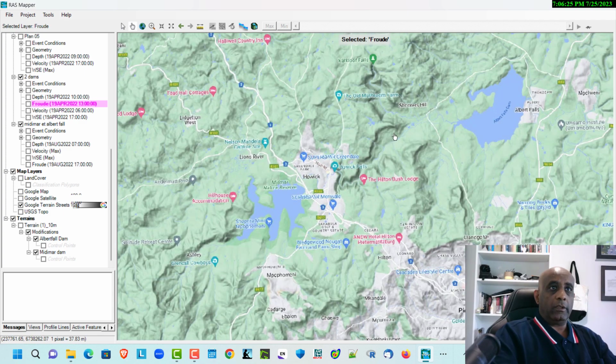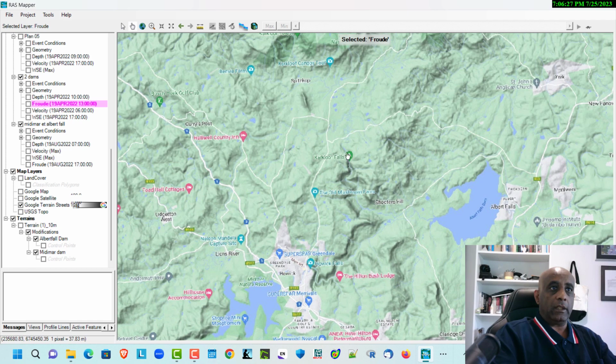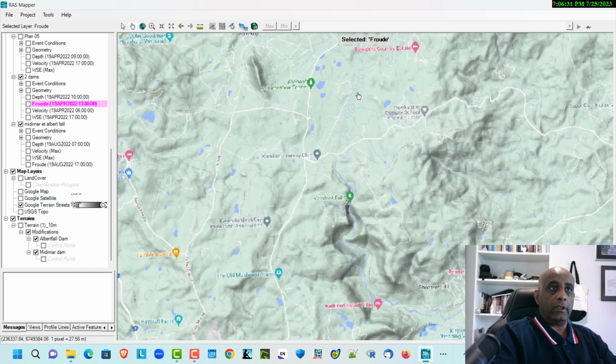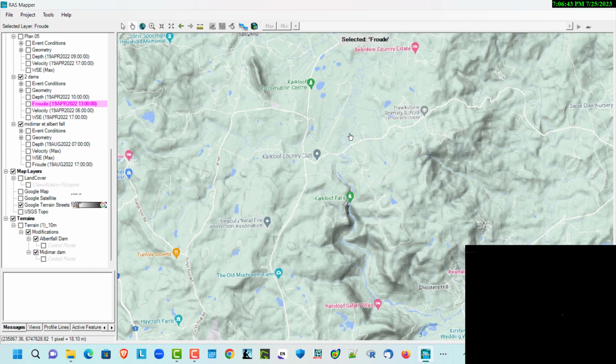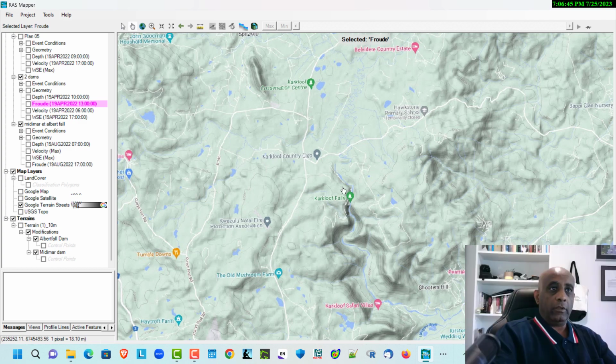Similarly here at Karkloof Falls also, there is a wetland area, and the surface is like a reservoir, a lowland area with a convex surface, and it can hold much of the water, because of the restriction, the narrow passage here, most of the water will accumulate there.